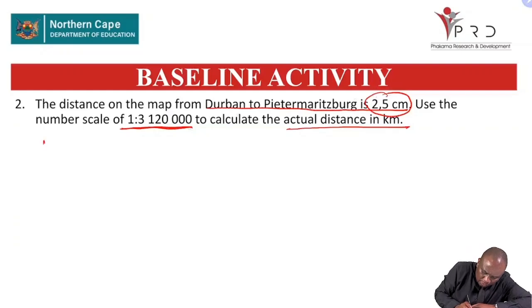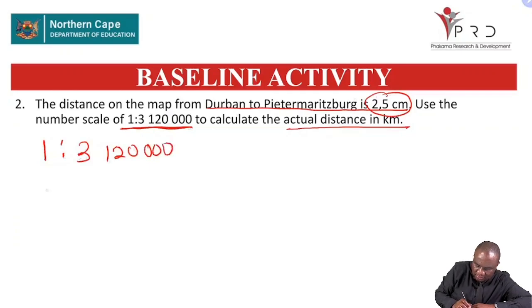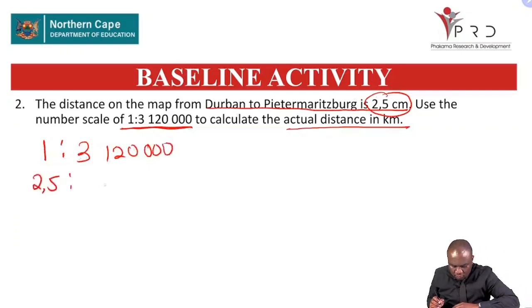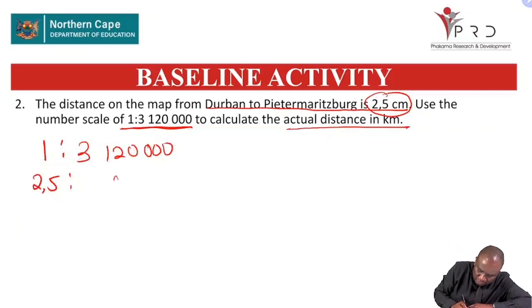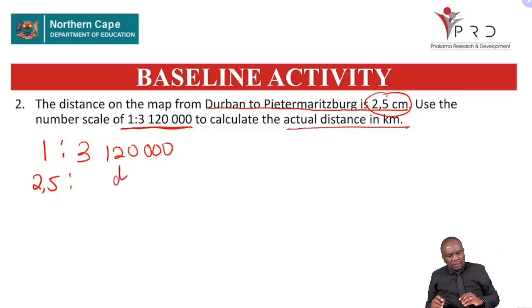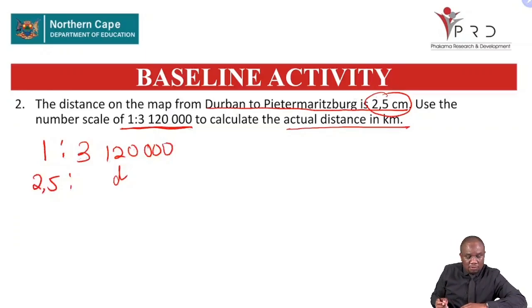Right, our scale, map to actual, 1 is to 3,120,000. Then on the map is 2.5. So what are you looking for? Actual distance again. Let's put D for distance. 1 is equal to 3,120,000. So what about 2.5? So you have to say 3,120,000 times 2.5.